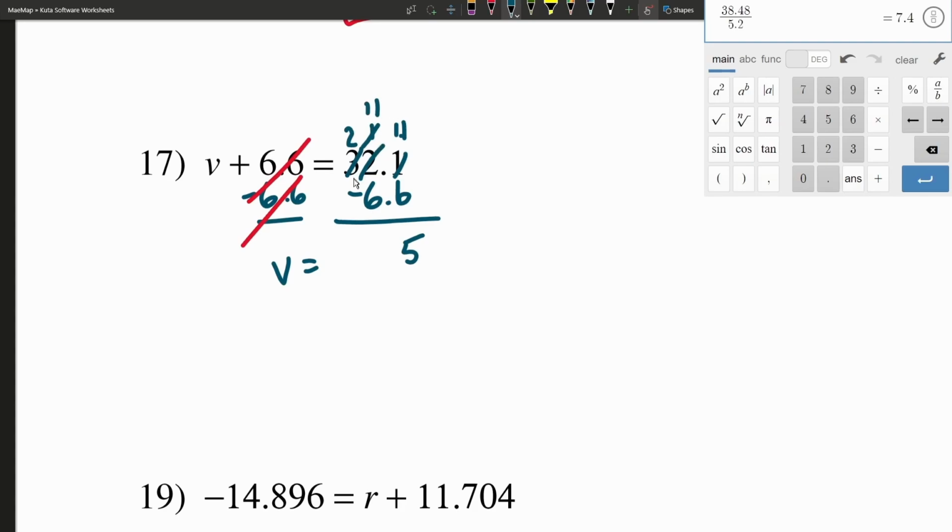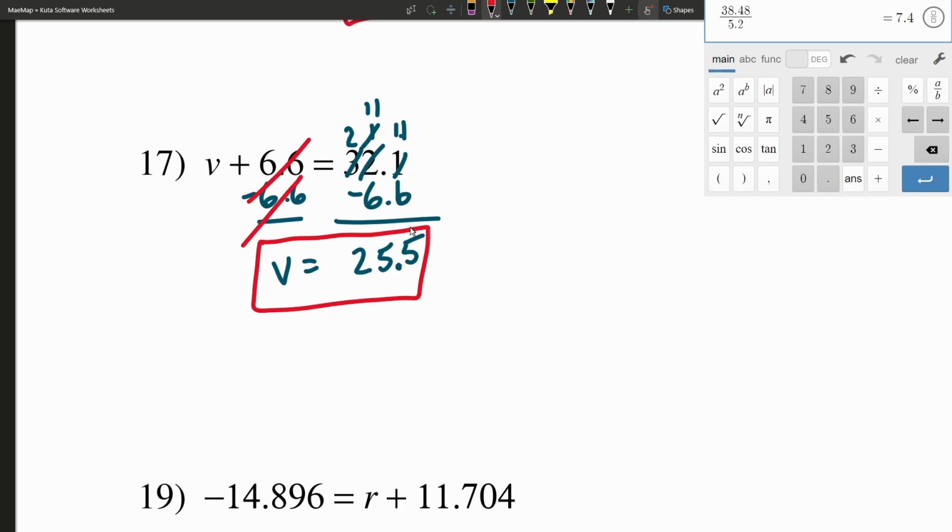That 1 then would become an 11. We're taking from that place and putting it into our next one over. So 11 minus 6, again, is 5, and then we have 2 minus, well, nothing's down there, so 2. That decimal kept it in line. That is 25.5. So 25.5 is our solution in number 17.